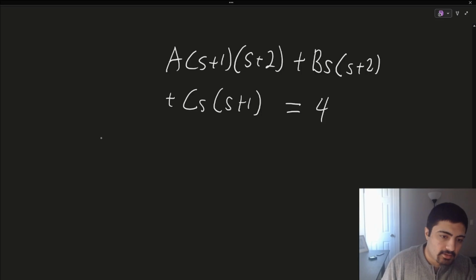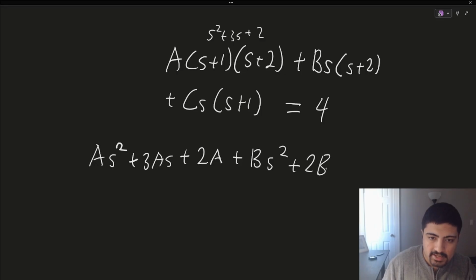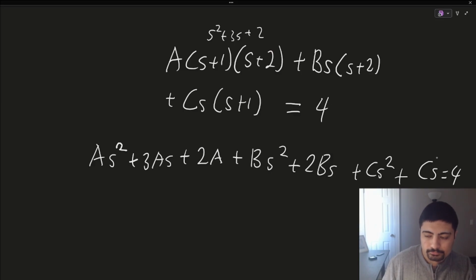Okay, so we're going to get a few equations here. I'm going to multiply this out. So we're going to have s squared plus 3s plus 2. So we're going to have as squared plus 3as plus 2a. And we're going to have bs squared plus 2bs plus cs squared plus cs equals 4.